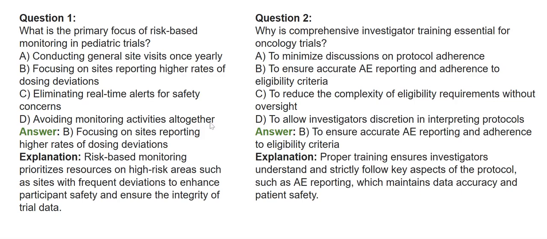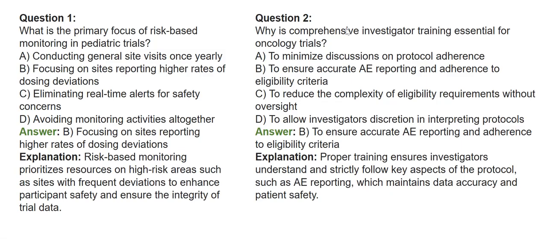And obviously the answer will be B, focusing on sites reporting higher rates of dosing deviations, as risk-based monitoring prioritizes resources on high-risk areas such as sites with frequent deviations to enhance participant safety and ensure the integrity of the trial data.